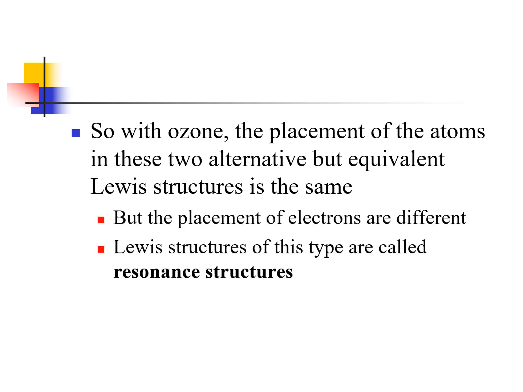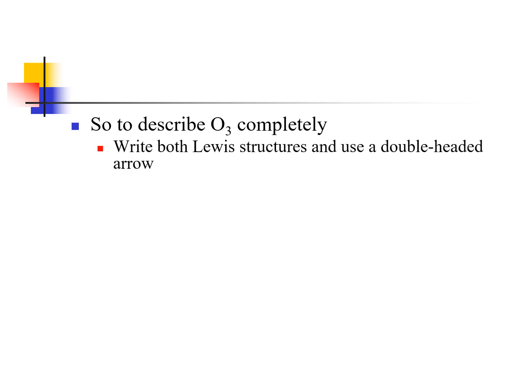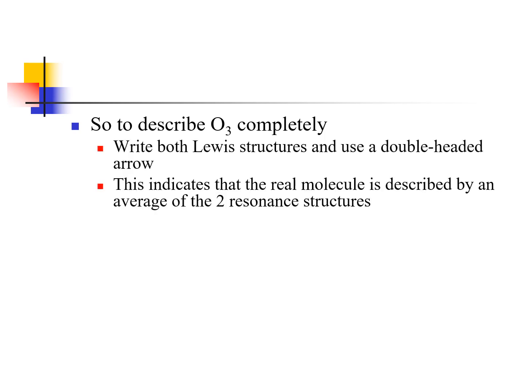When we have multiple possibilities where the only difference is which atom is providing a double bond, we call those resonance structures. To describe ozone completely, we write both Lewis structures and use that double-headed arrow between them to indicate that the real molecule is actually described by an average of the 2 resonance structures.